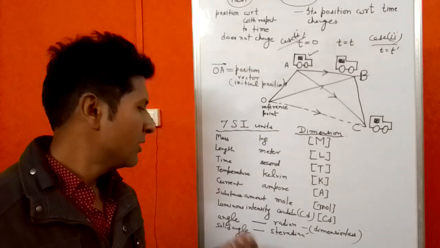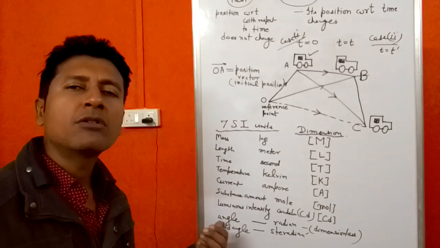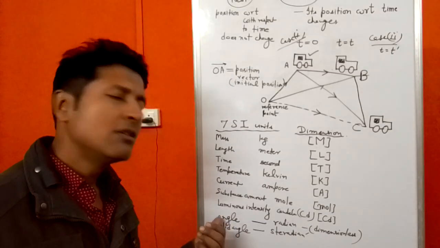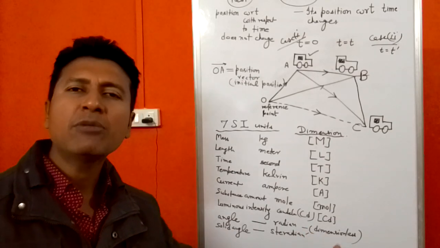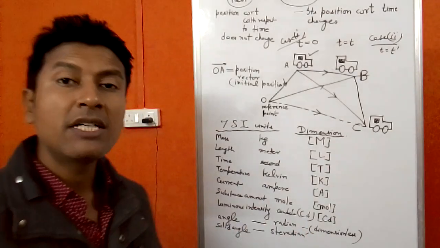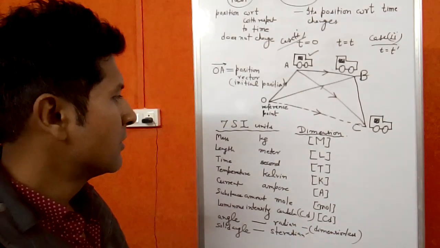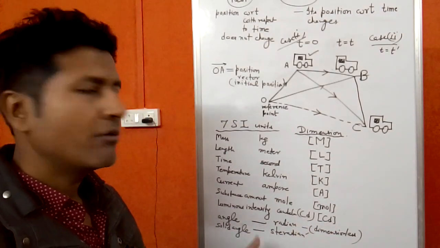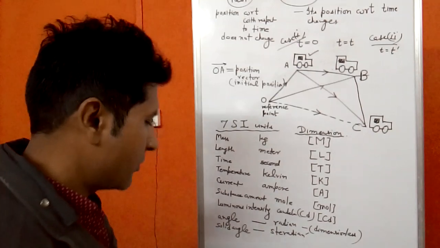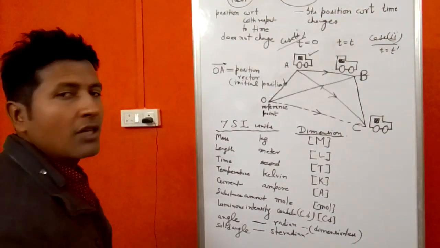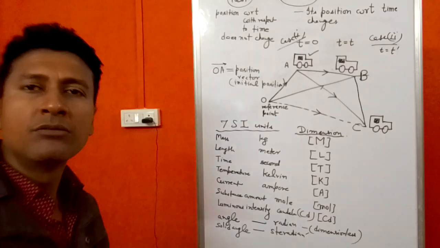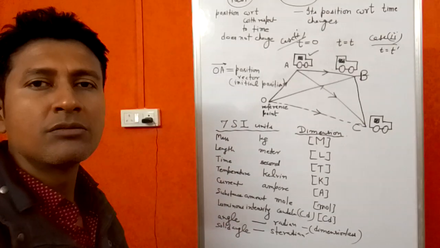So whenever it comes to finding the dimension of angle and solid angle, we need to just mention it's dimensionless, right? Means it doesn't have any dimension, right? This point is clear? Okay. I hope you have noted it down. Yeah, kindly note it down.